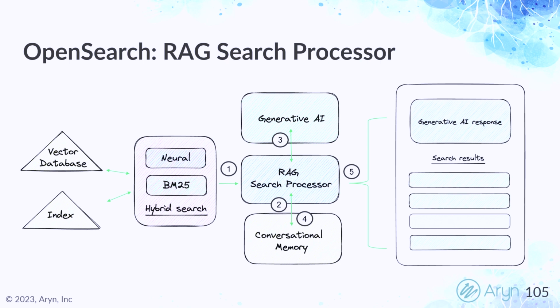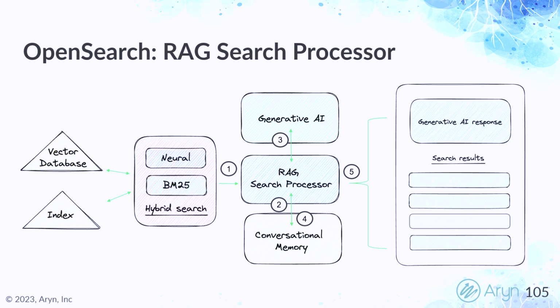You don't have to worry about all the details of actually making it production ready. The RAG search processor is something that you add at the end of your search pipelines. The recommended way of doing semantic search these days is to use neural search, which looks at embeddings over the documents that you've indexed.